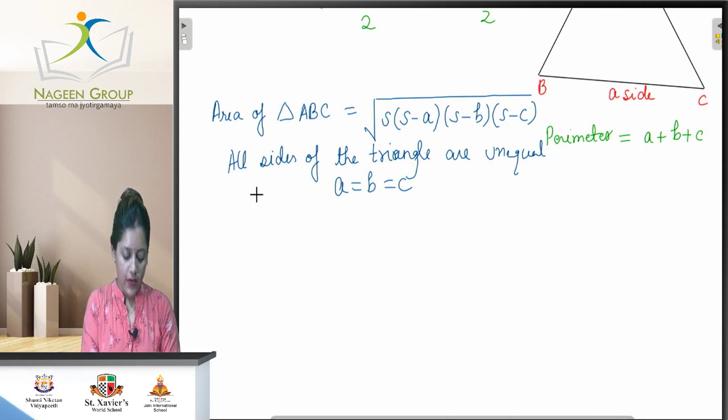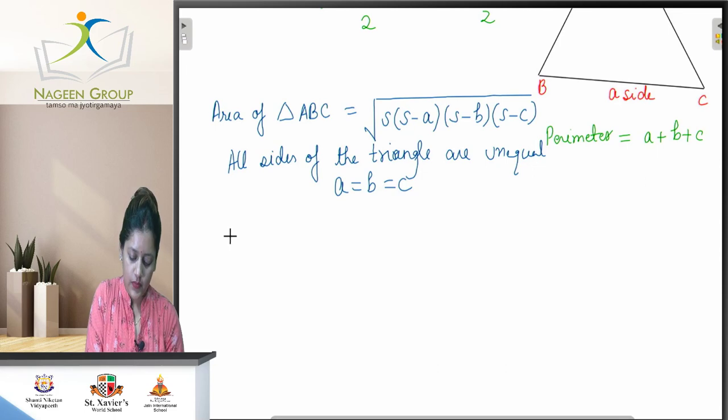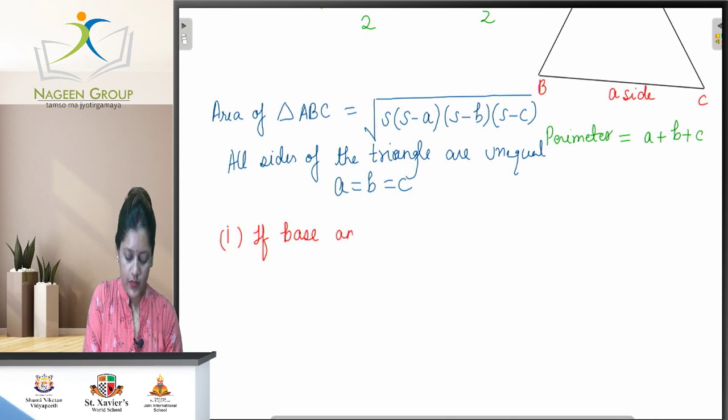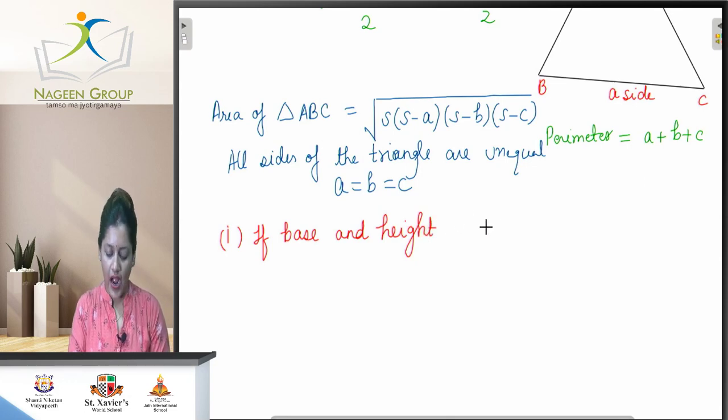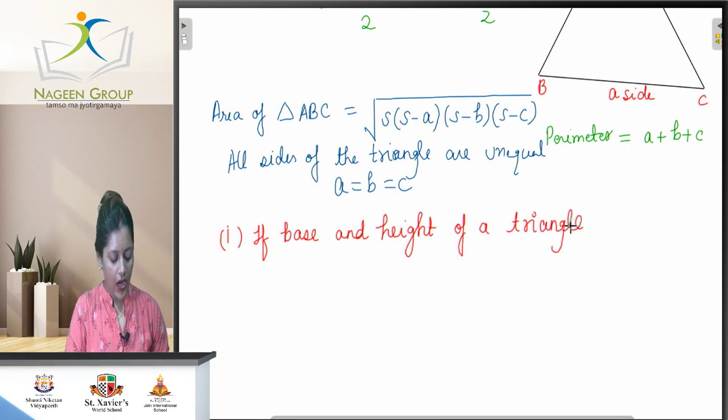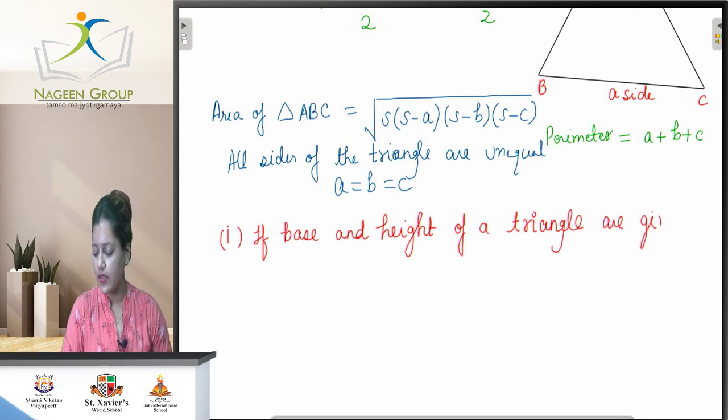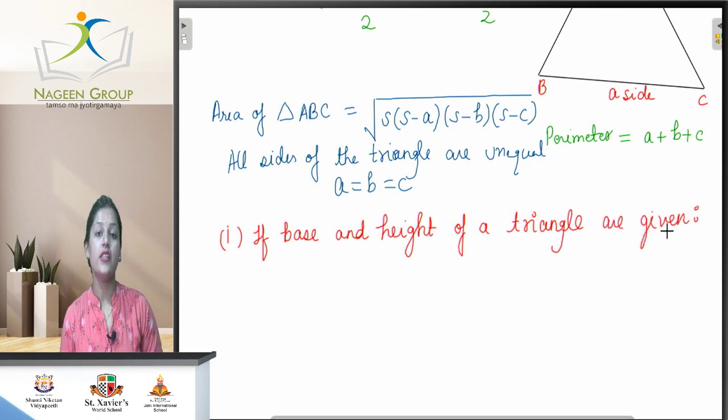First, if the base and height of a triangle are given, then what is the formula?